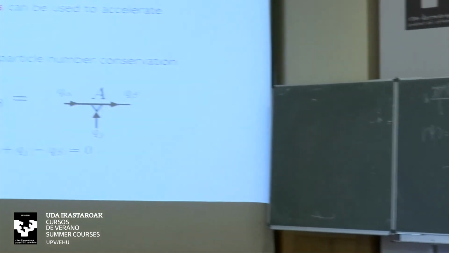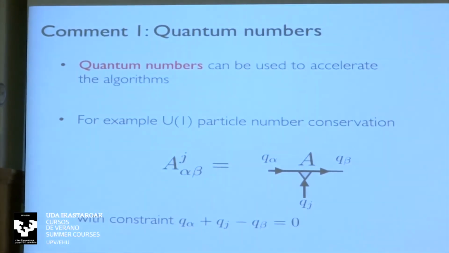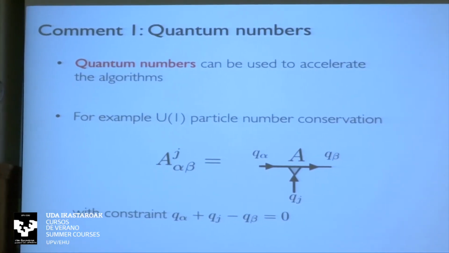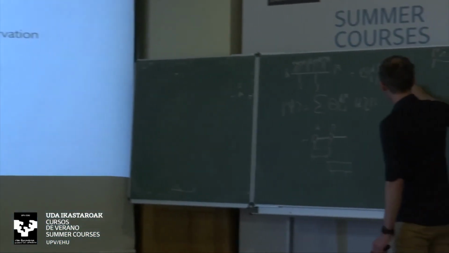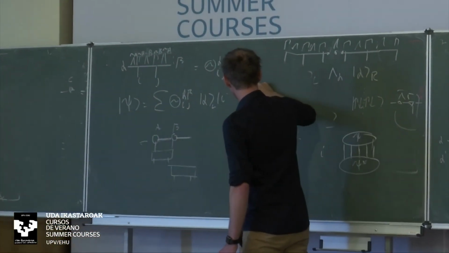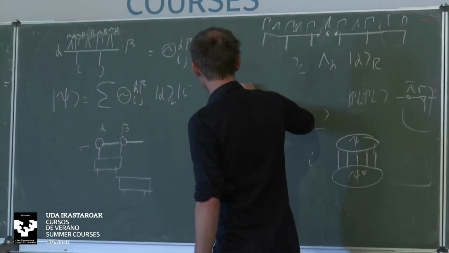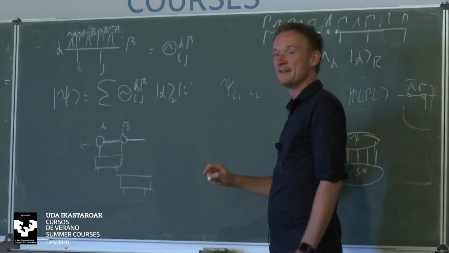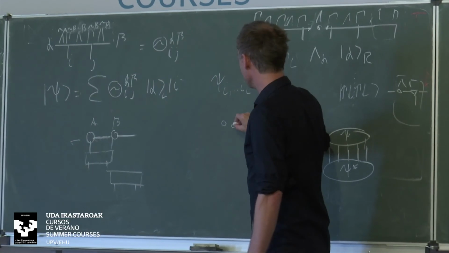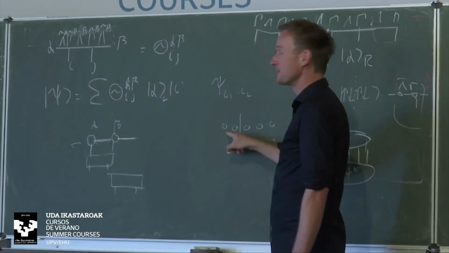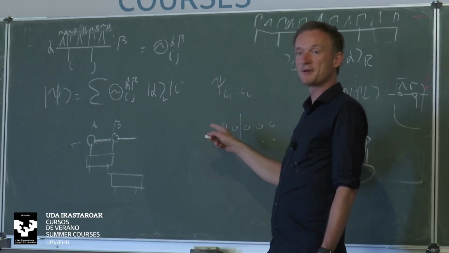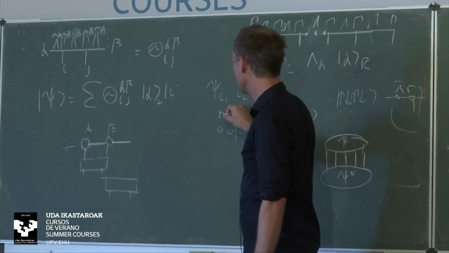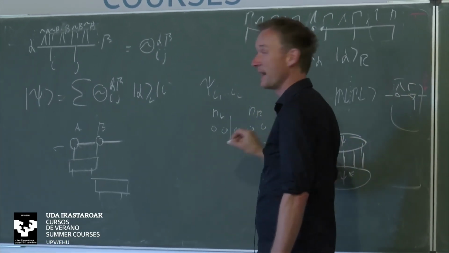It's maybe easiest explained if you just do a Schmidt decomposition. If you have a state defined on I1 through IL, and you do a bipartition of the system into some parts, and the total number of charges is conserved, then you can have a quantum number n left and a quantum number n right.